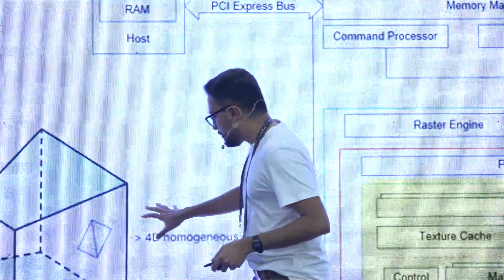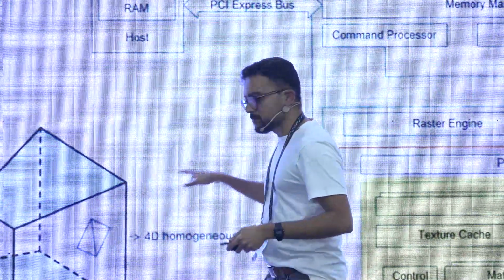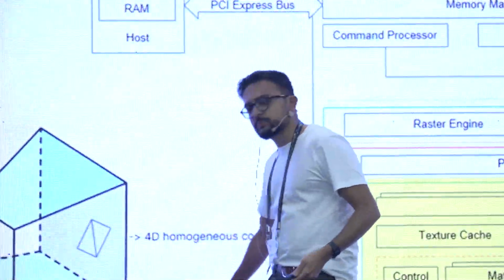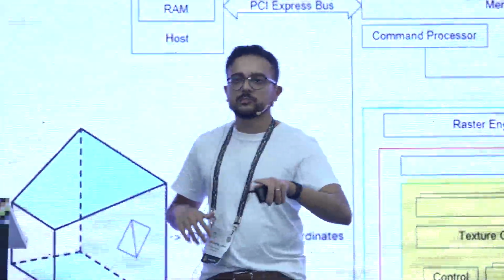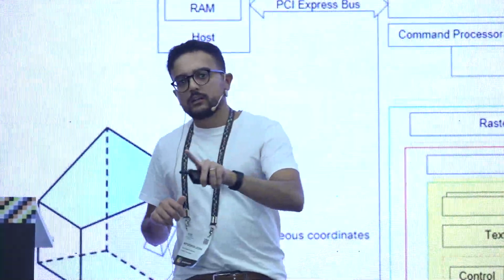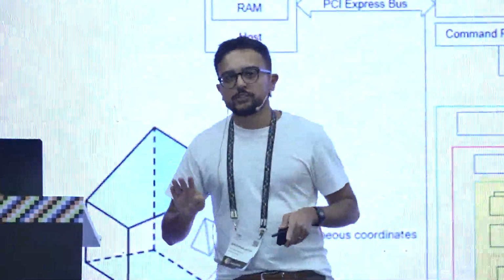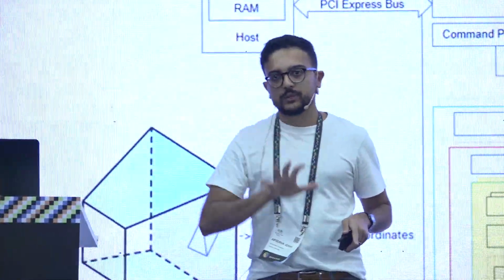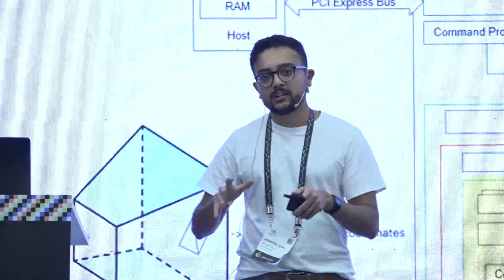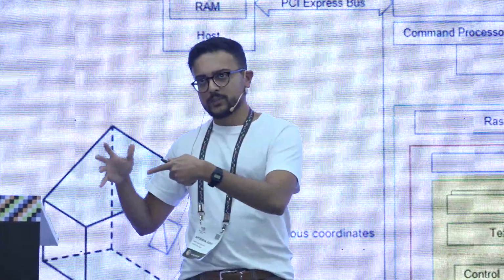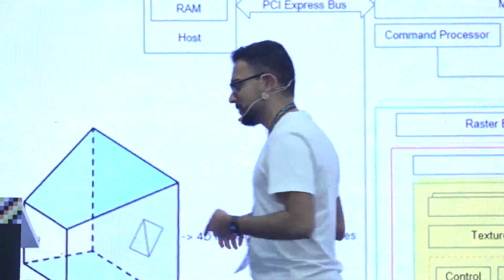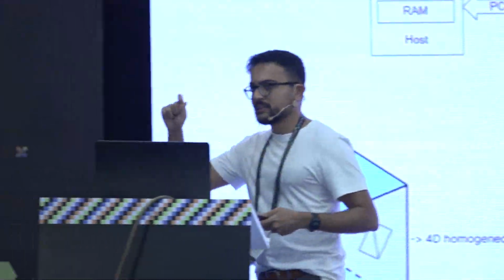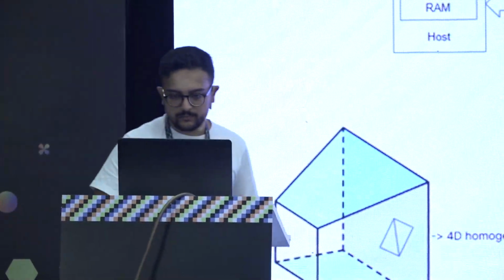So this vertex shader is essentially a mechanism to produce clip space coordinates, these 4-dimensional coordinates. And if you're into linear algebra, even though they are 4-dimensional, they only have 3 degrees of freedom. The last coordinate is correlated with the others.